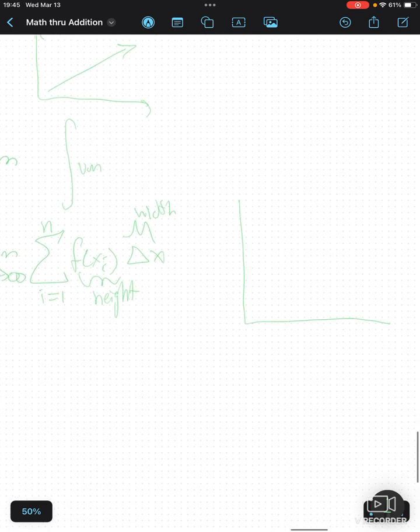Well, going back to those graphs, if we had some random unit right here, let's say, and we were to have boxes, just rectangles, right here, like this. This right here is delta x, just the width of whatever rectangles we're looking at.